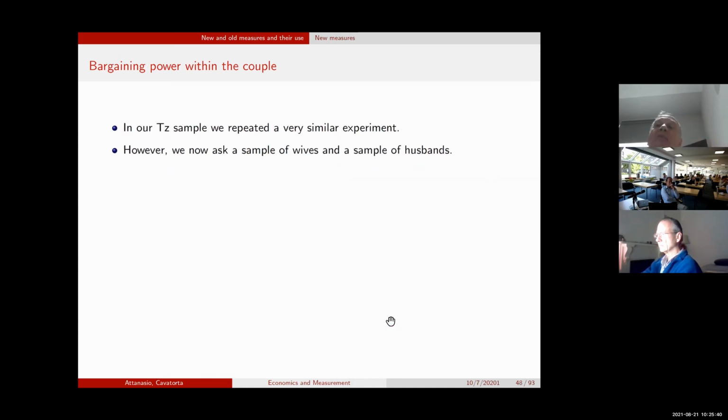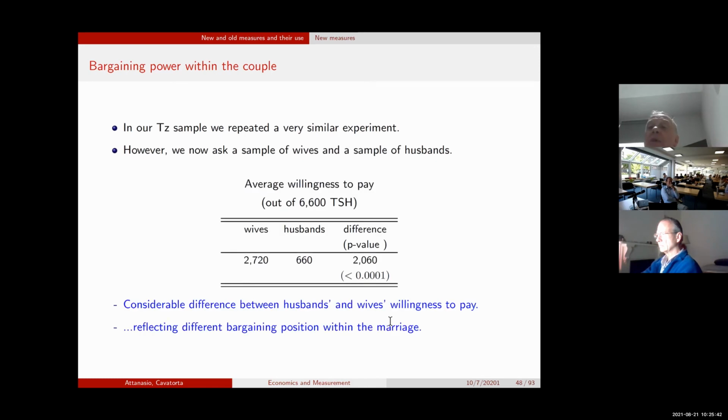So we did the same thing in Tanzania, and that's what we get. The amount was 6,600 shillings. Again, this is two or 3 days of work. And the wives were willing to give away more than a third of it, 2,700, to get control of their money.